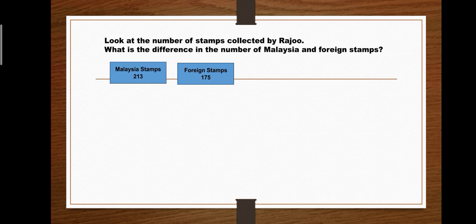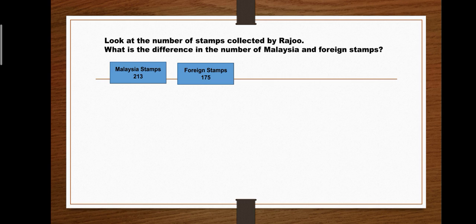What does difference mean? Here, Malaysia stamps are more than foreign stamps, right? So when they ask you to find the difference, it means how many Malaysia stamps are more than foreign stamps. How many are extra?